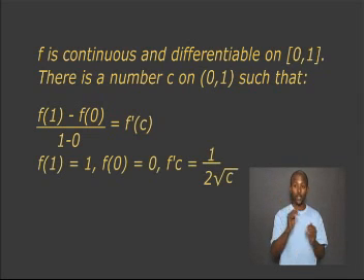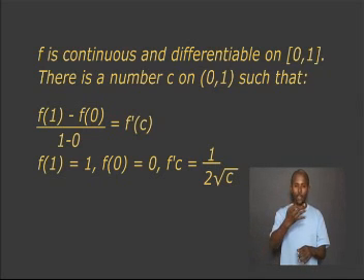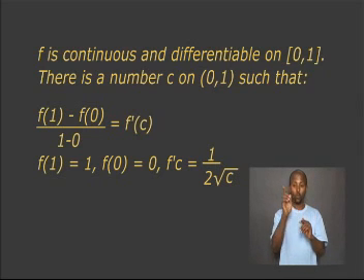The square root of 1 equals 1, so f(1) equals 1. The square root of 0 equals 0, so f(0) equals 0. If we find the derivative of f, we find that f'(c) equals 1 over 2 times the square root of c.